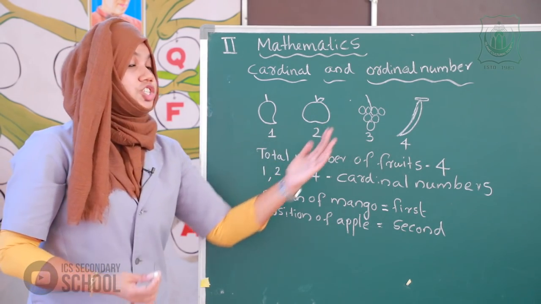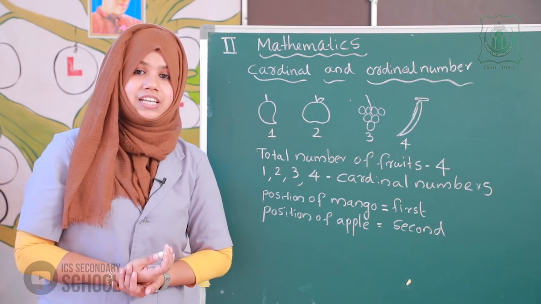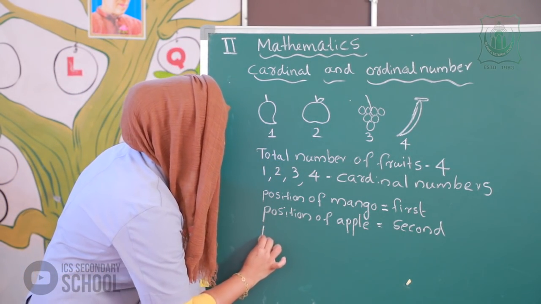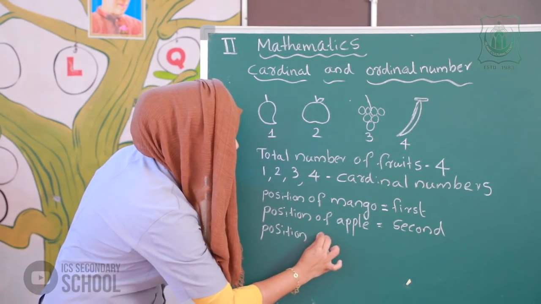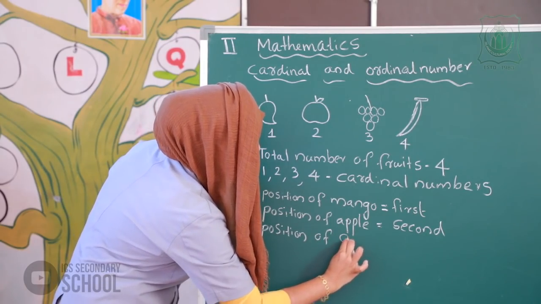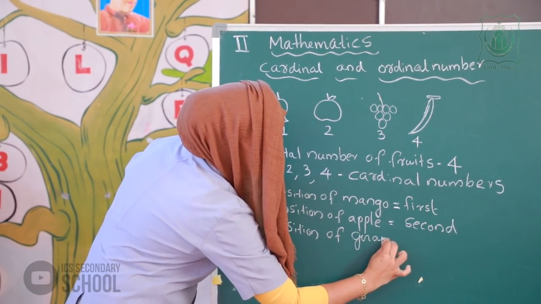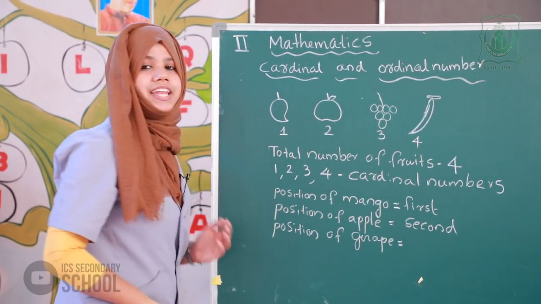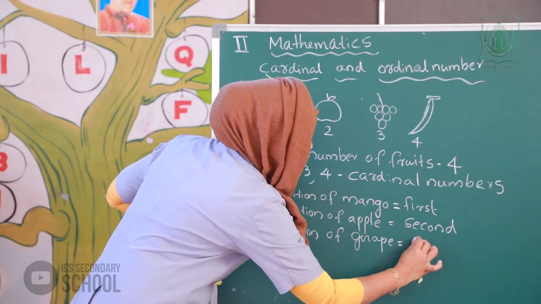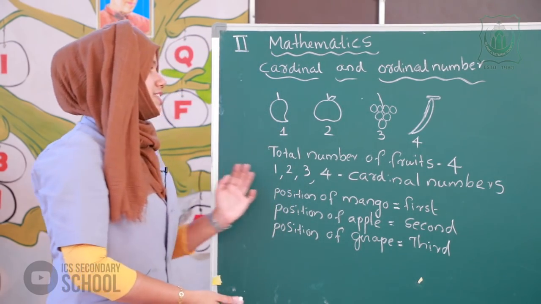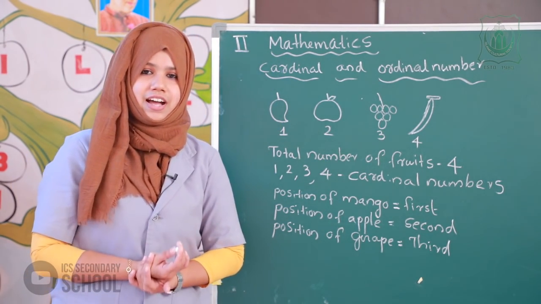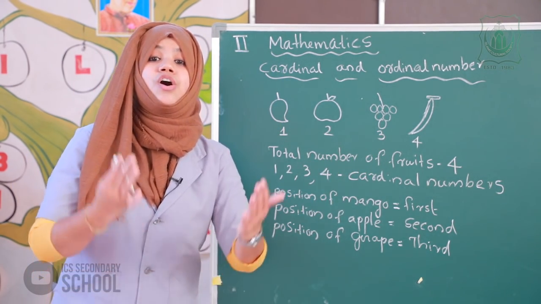And the position of grape is? Very good. The position of grape is equal to which position? Yes, third position. Third. And the last, the position of banana. The position of banana is fourth.